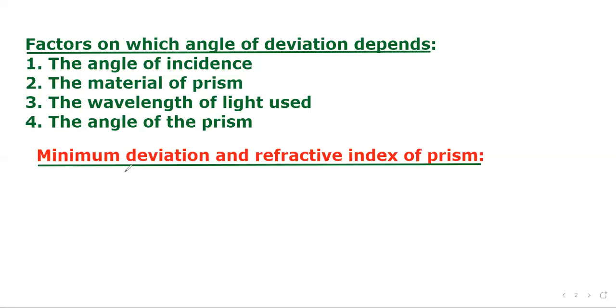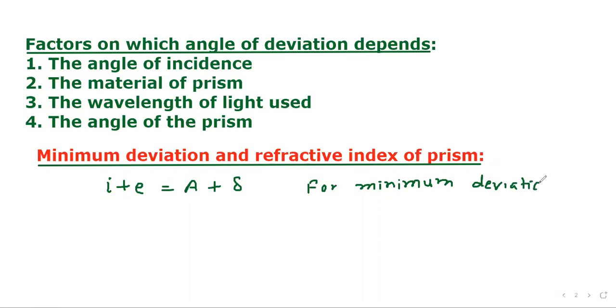Now, minimum deviation and refractive index of a prism. As we have seen, I plus E equals A plus delta. For minimum deviation, I equals E, and delta becomes delta M. Also, R1 equals R2.